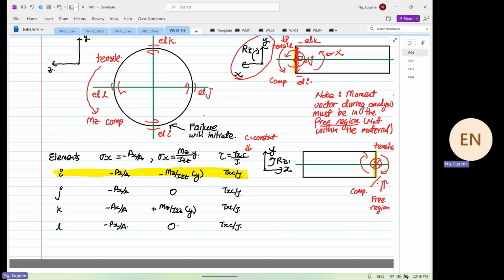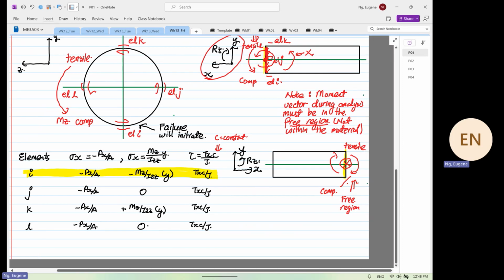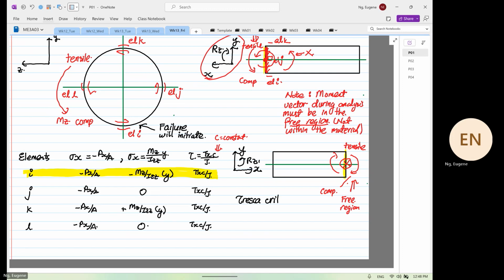So we are really lucky. Why is this important? Because if you look at Tresca, the yield stress in tension is also equal to the yield stress in compression. Yes or no? This is Tresca.